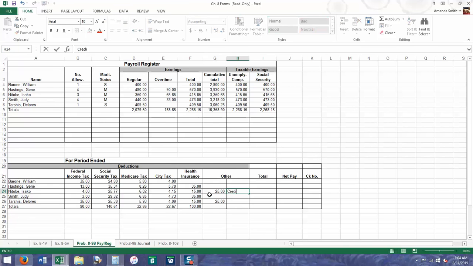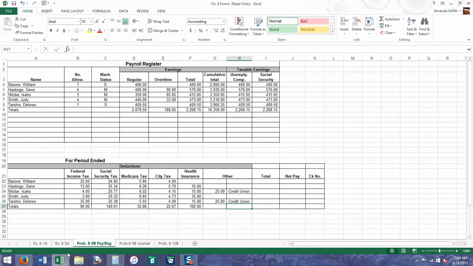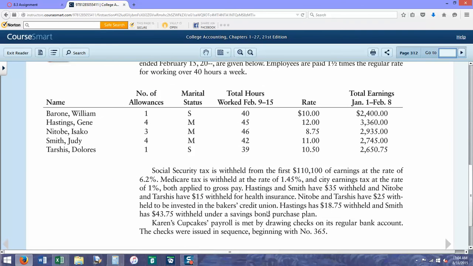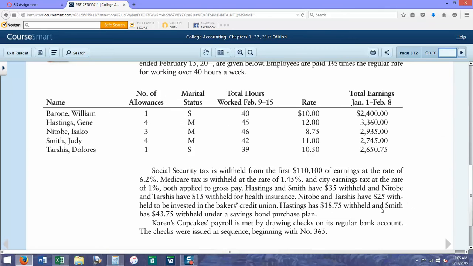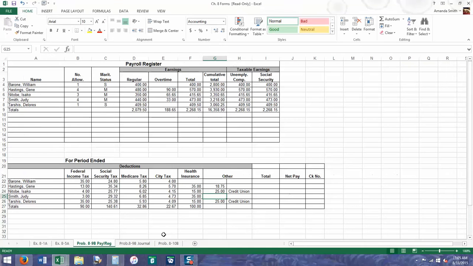We're going to put that it's to the credit union, so we know. And then we have Hastings has $18.75. Smith has $43.75. And these are in savings bonds.